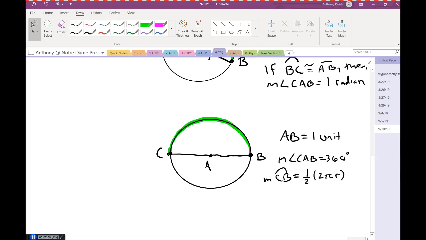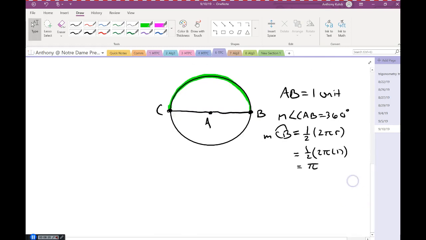So I can just write 1/2 of 2 pi r. And we know the radius in this case is length 1. So what we're left with is that the measure of arc CB is pi. So what I can say is 180 degrees is equal to pi radians.